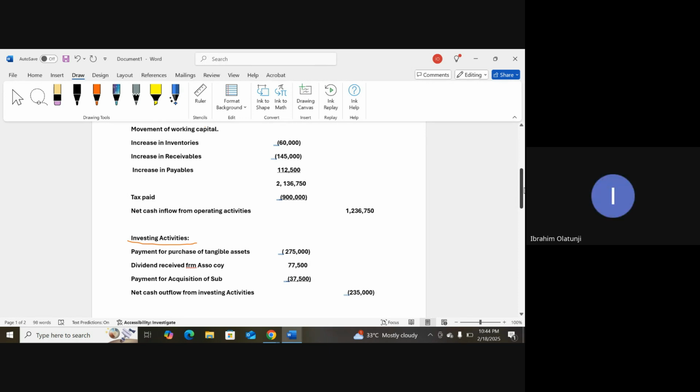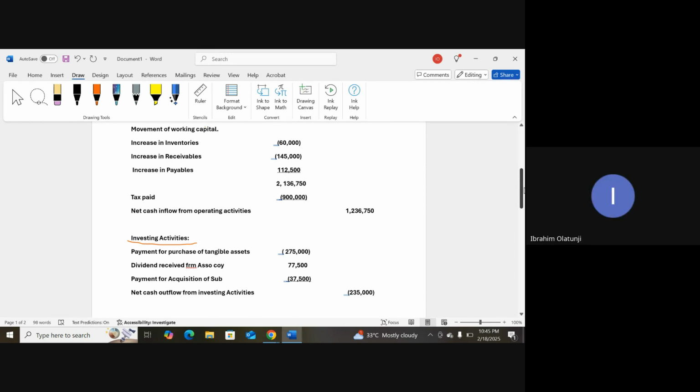I think we did that one yesterday as well. Finance cost is part of your financing activities, and at the same time, dividend paid. Dividend paid is also part of your financing activities. Are we there?